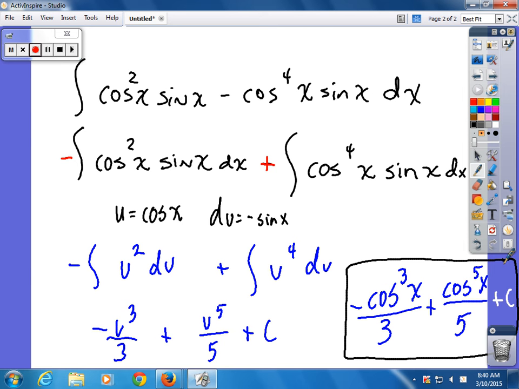Now you can bring the 1/3 out. You can do that, and 1/5. That's fine. Manipulation with a capital M.